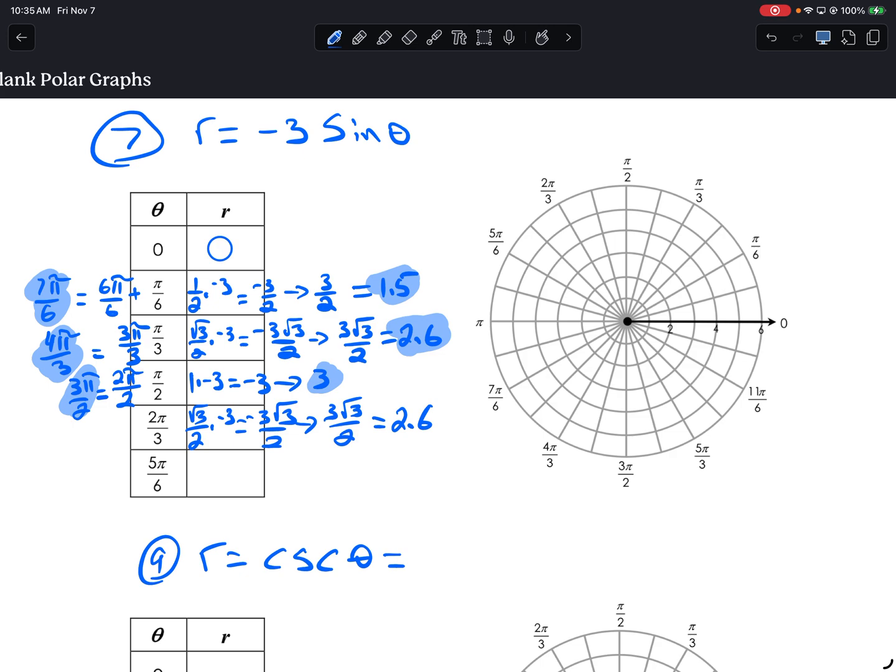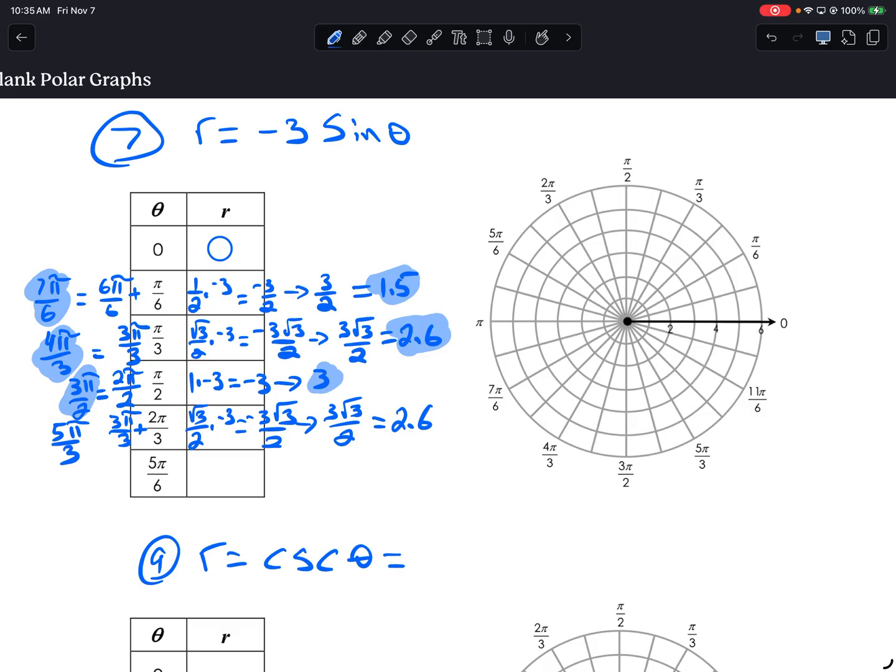Then I have to add 3 pi over 3 to the radian measure. Add that, and I get 5 pi over 3. Right, and 5 pi over 3 is in quadrant 4, right? So we know we're getting the correct answers here.